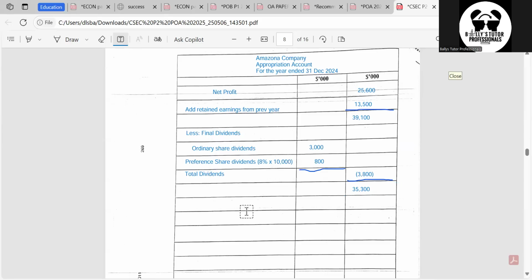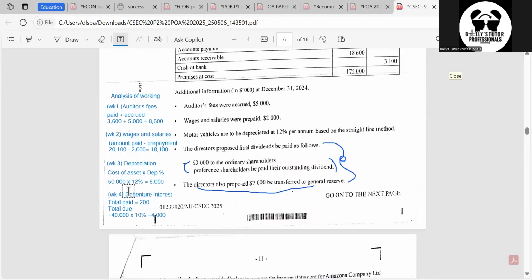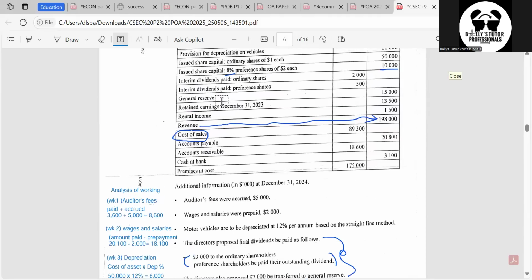And then we're going to minus any transfers to reserves, which we know we have one for 7,000 to the general reserve, right? So a mistake people make here, they put their total reserves here. You're not putting the total reserves. This 15,000 is already in the general reserve. We're not touching that.